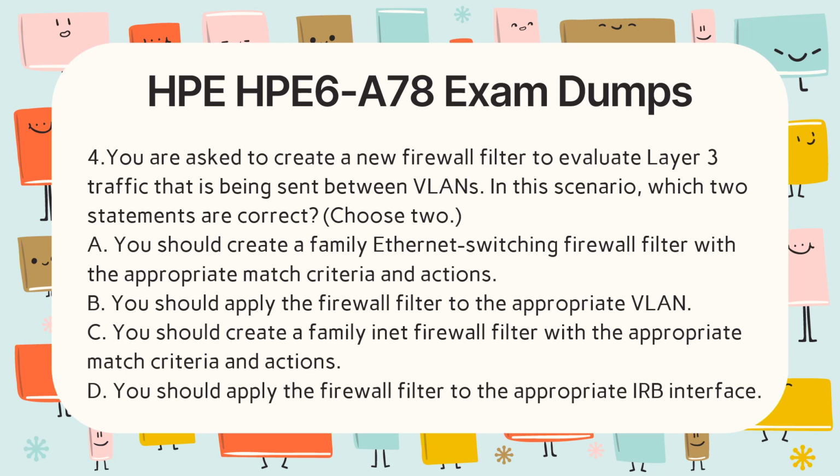B. You should apply the firewall filter to the appropriate VLAN. C. You should create a family inet firewall filter with the appropriate match criteria and actions. D. You should apply the firewall filter to the appropriate IRB interface.